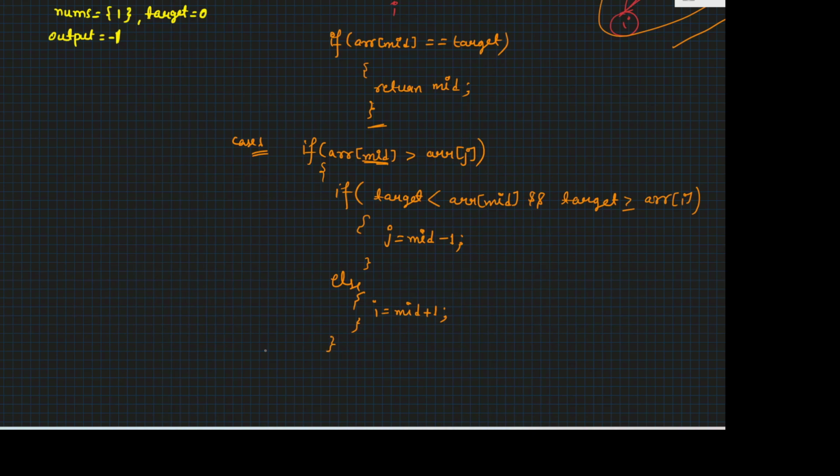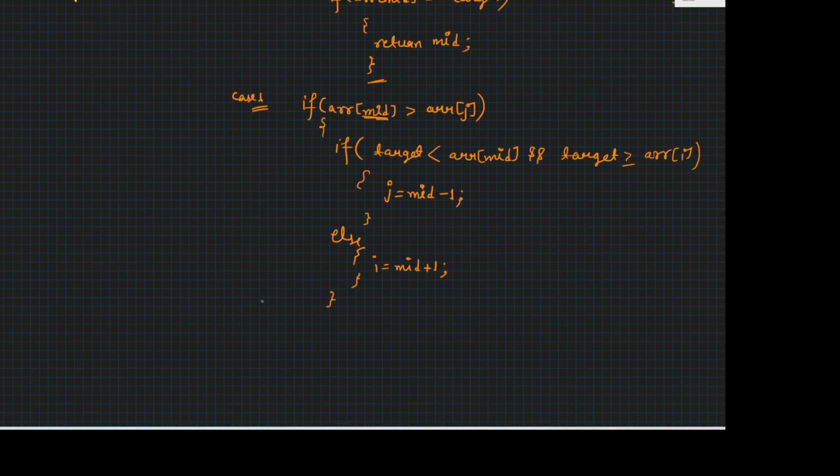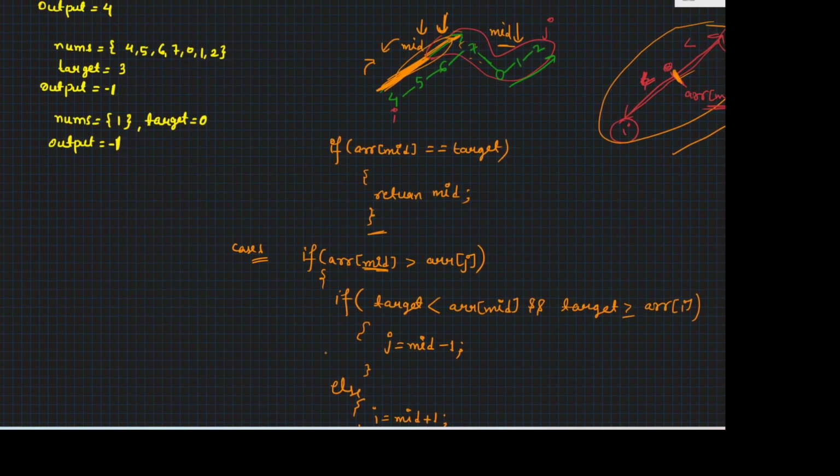What will be case 2? So case 2 will be if ARR mid is smaller than ARR of I. Okay, so when ARR of mid is smaller than ARR of I, mid will lie in the second region.